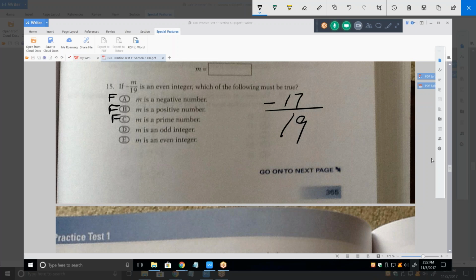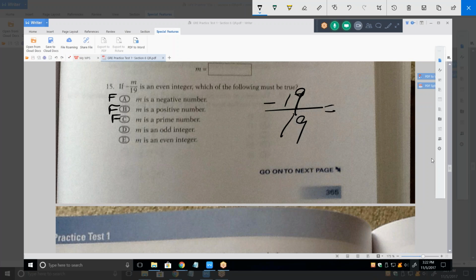Not only is that, in other words, it doesn't prove it. In these two cases, m could be negative, m could be positive, so you can't state either one of these. But with C, I could definitely say that m is not prime. The only prime number n could possibly be would be 19.